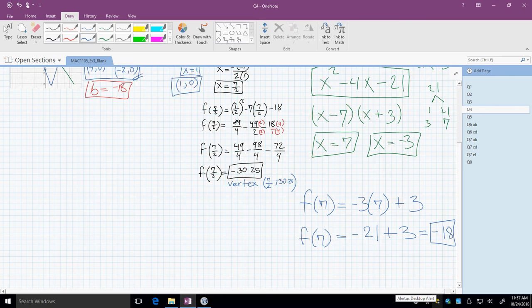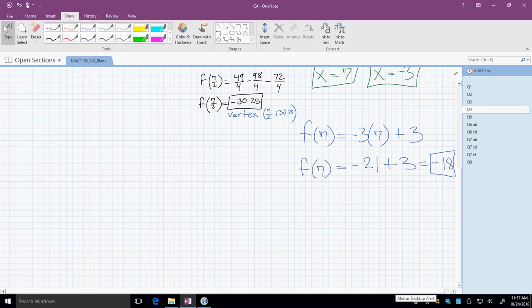Take the other parentheses, that is equal to 0. Now we're going to do the same thing, but with the 3. f of 3, I have negative 3, open parentheses, 3, plus 3. This is what we call the zero product. When you have two things times that are both negative 9, y equals 0, that means one of them has to be 0. That's the way to do it.